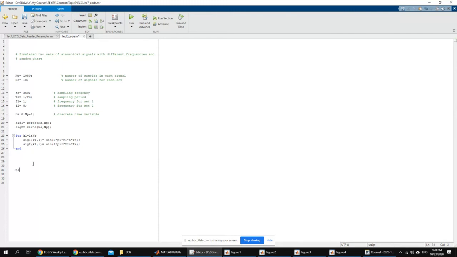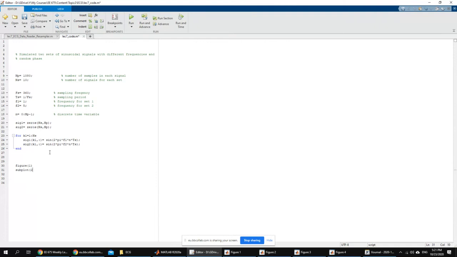I'm going to plot them. There's a very nice thing in plots: when you have a two-dimensional array, you can make MATLAB plot all of them superimposed without having to do that yourself. Let me show it to you. Here the signal is NS times NP. I should have subplot first.